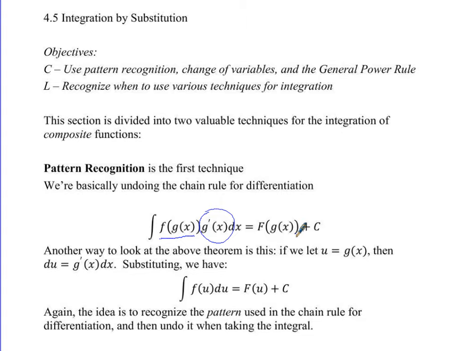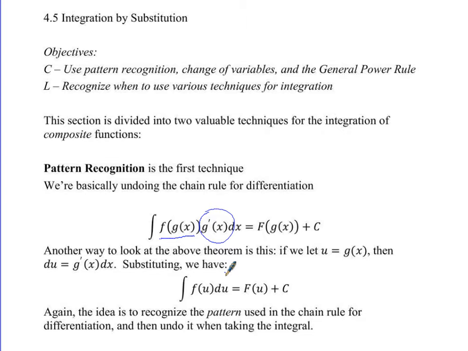Another way to look at the above theorem: if you let u equal g of x, then the derivative of u would be g prime of x dx, written as a differential right here. If you substitute everything in, then you have the integral of the function with respect to u, du, which you can do. You've been doing that, basically.